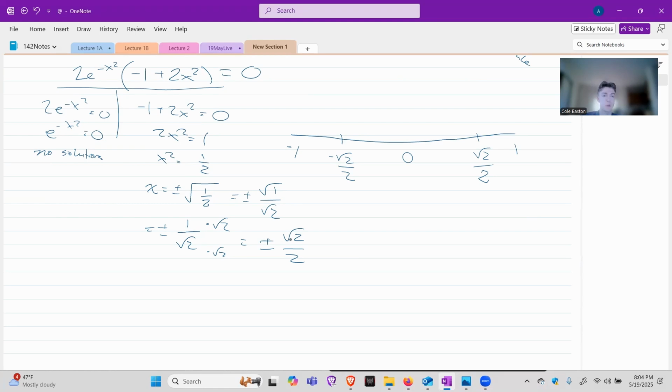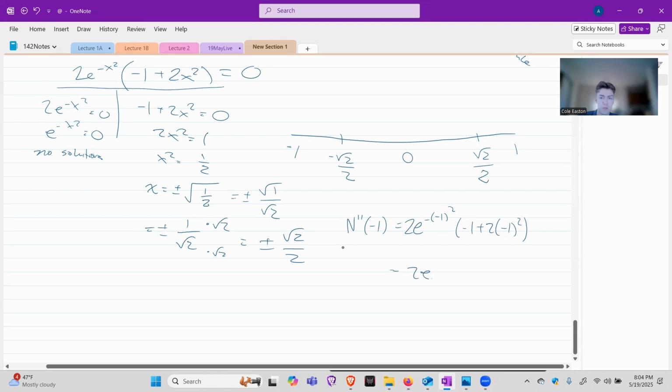Okay, so we're going to plug those into our second derivative. So n double prime of -1 equals 2e to the -1 squared times -1 plus 2 times -1 squared. So that's 2e to the -1 times -1 plus 2.